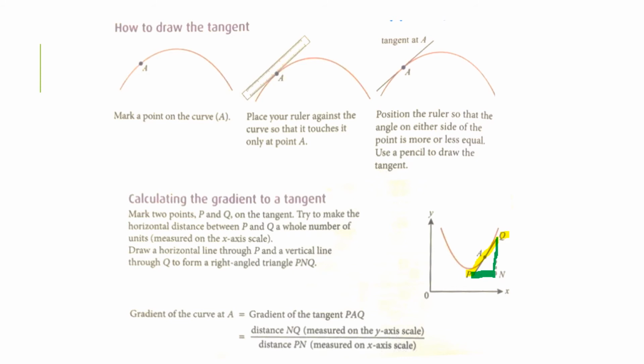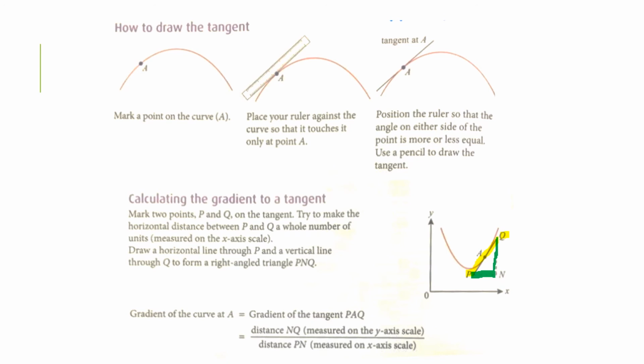When you draw a horizontal line through P and a vertical line through Q, you form a right-angled triangle called PNQ. Now, to calculate the gradient of the tangent PQ, you just measure the distance from N to Q divided by the distance from P to N. This is the theory.